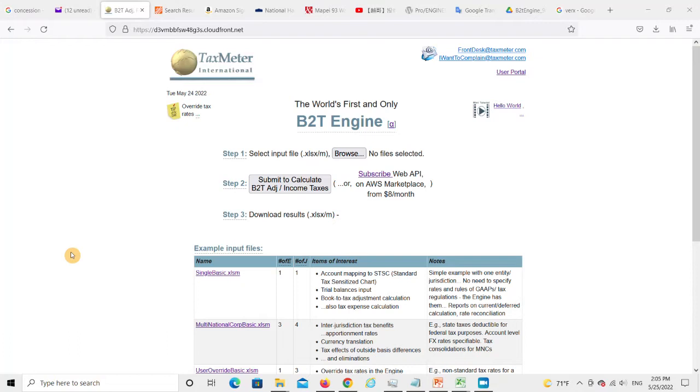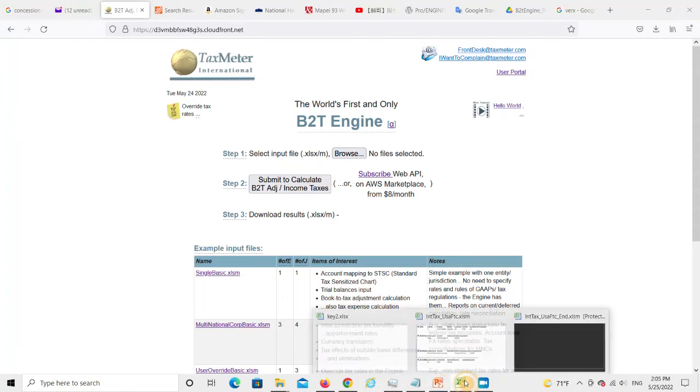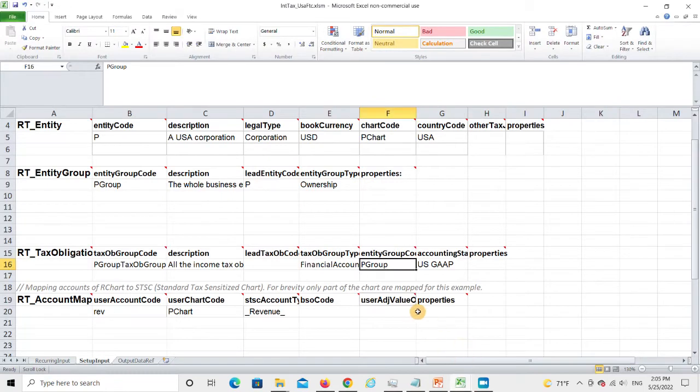In particular, we will see how the relevant data flows from the account level to each entity's provision level and ultimately to the taxpayer level. The logic is rather involved, but the engine handles all that automatically. So here's our simple example input file where we want to calculate a US company P that has $1,000.